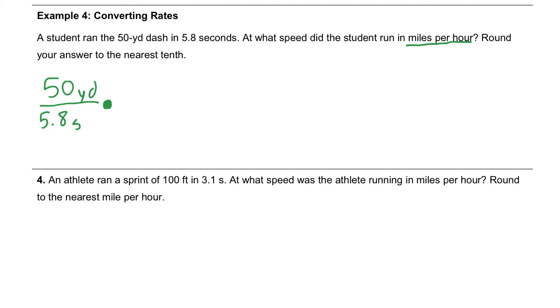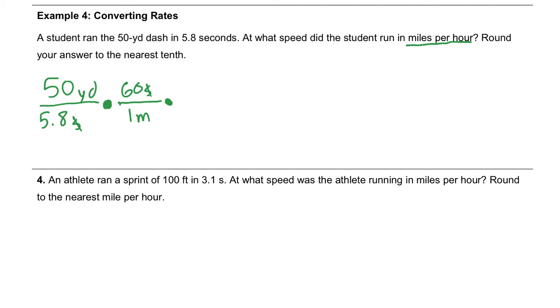a ratio or a fraction to go from seconds to hours. So before I go from seconds to hours, I want to go from seconds to minutes. So I'm going to use the fact that 60 seconds are in 1 minute. And those seconds units cancel or eliminate. So you can do this one of two ways.